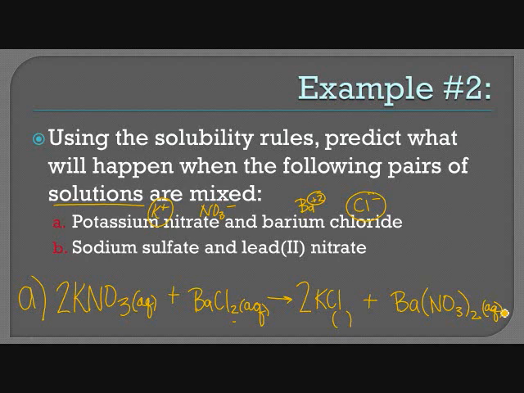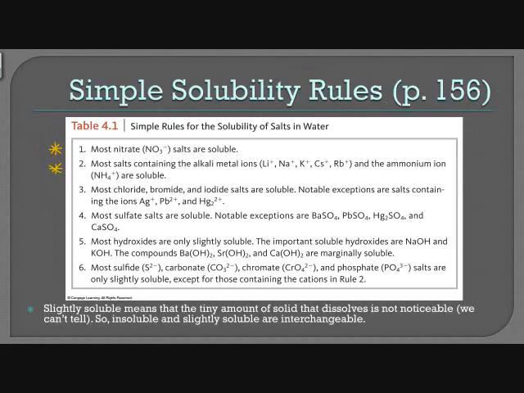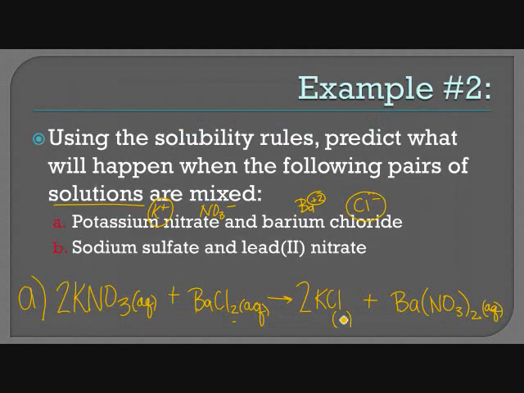And in number 2 of the solubility rules, it says that anything with a potassium is going to be soluble as well. So that means that the KCl is also aqueous. So in A, this reaction, there's no solid form, so this is not a precipitate reaction. Okay? Now let's do it for B.